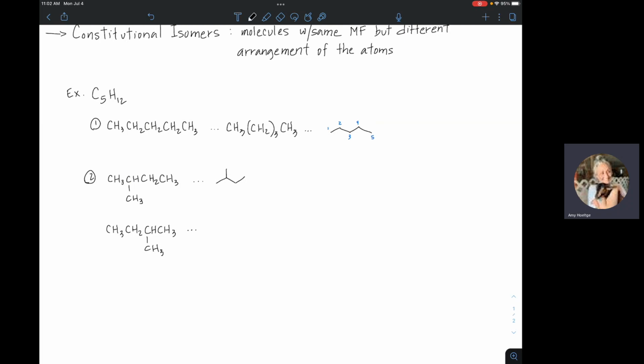And the line bond structure for that would be this. So those are not isomers. Those are identical. So these are the same. But these are isomers. They have the same exact molecular formula, but we've just arranged them differently.